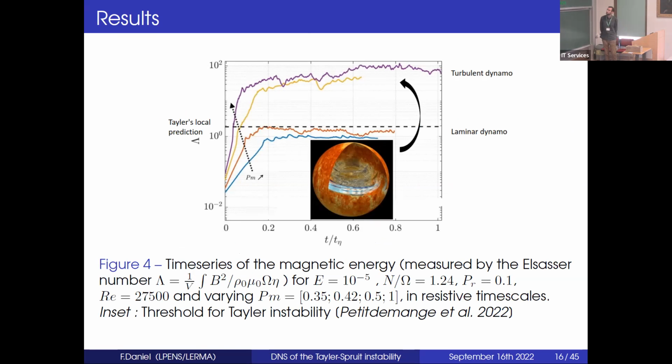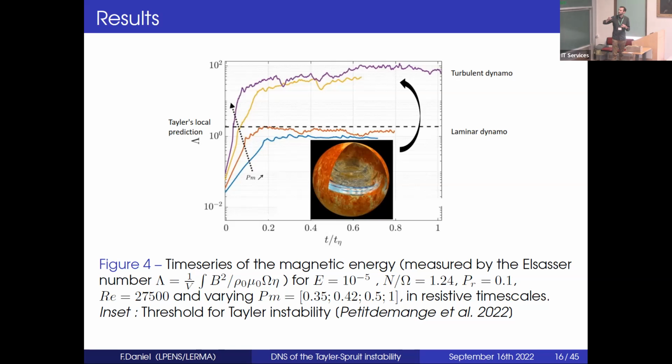So this first figure from Ludovic, Florence, and Christophe's paper can be understood quite simply. The idea is that you let your system evolve by imposing a very weak magnetic field initially. It's going to be arbitrarily weak. And you see at the bottom left here that the first stage the magnetic field is going to go through is the first kinematic stage of increase.